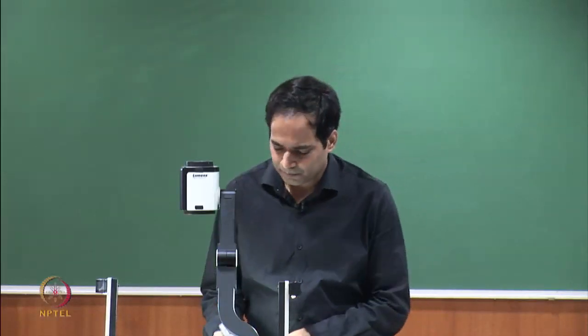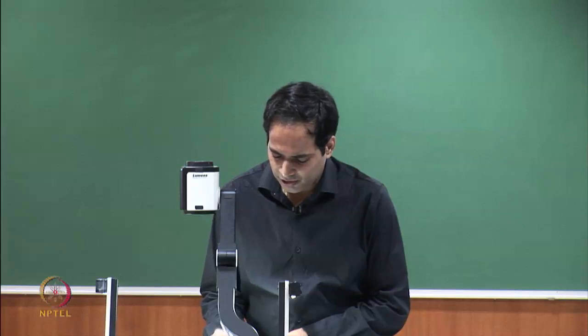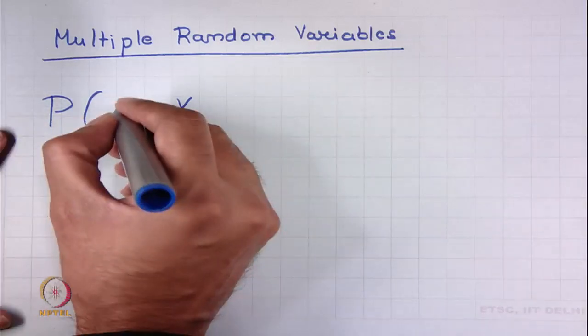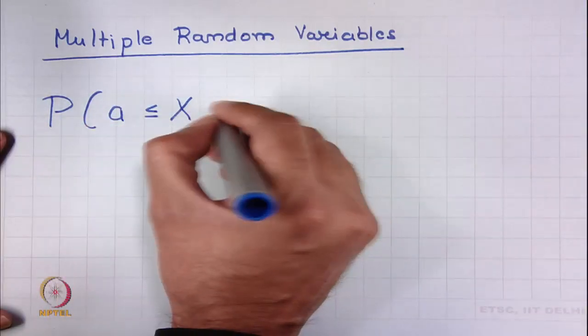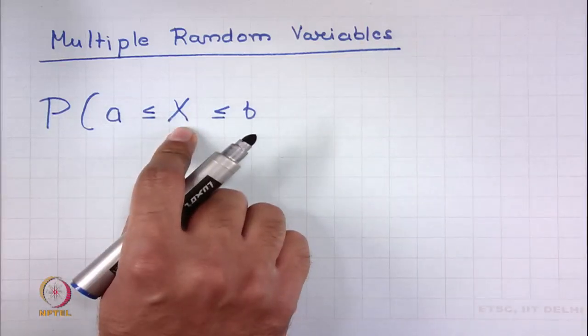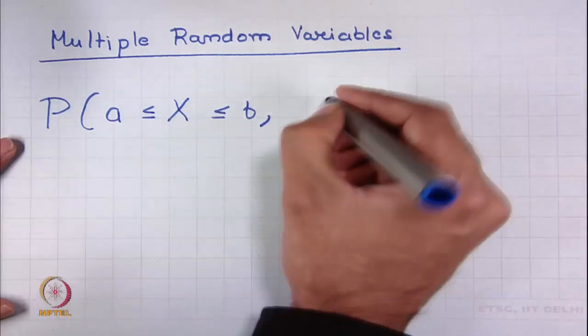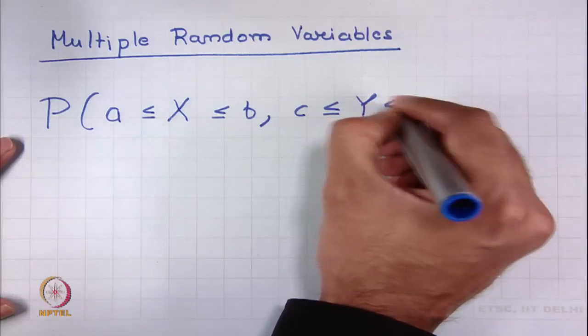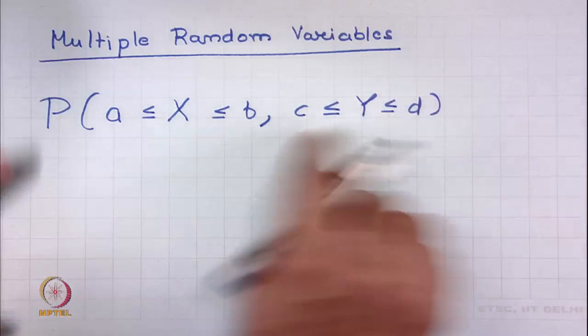So, let us say I am interested in finding the probability that a random variable x lies between a and b, and the random variable y lies between c and d.